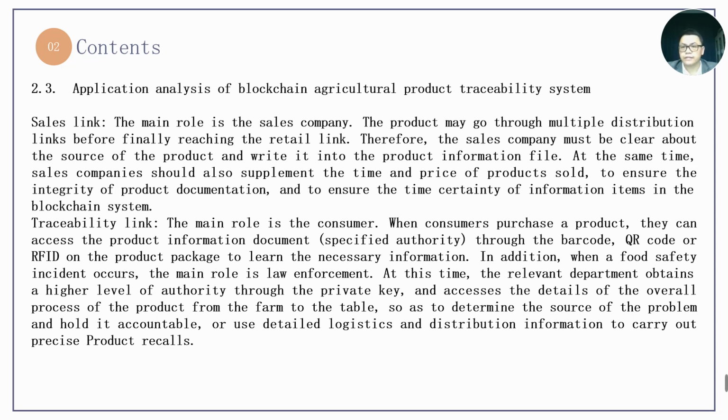At the same time, sales companies should also supplement the time and price of products sold to ensure the integrity of product documentation and to ensure the time certainty of information items in the blockchain system.